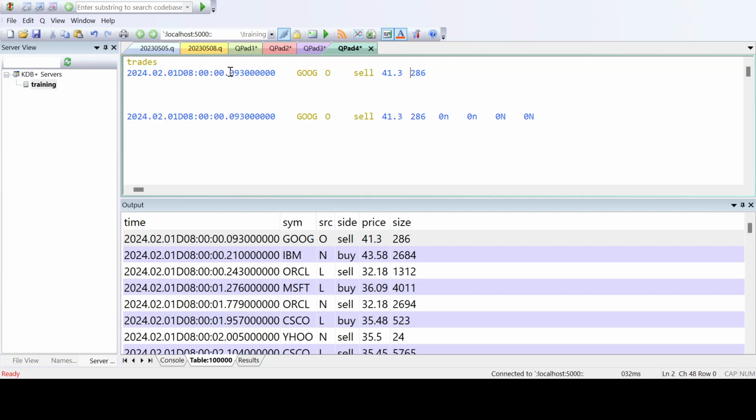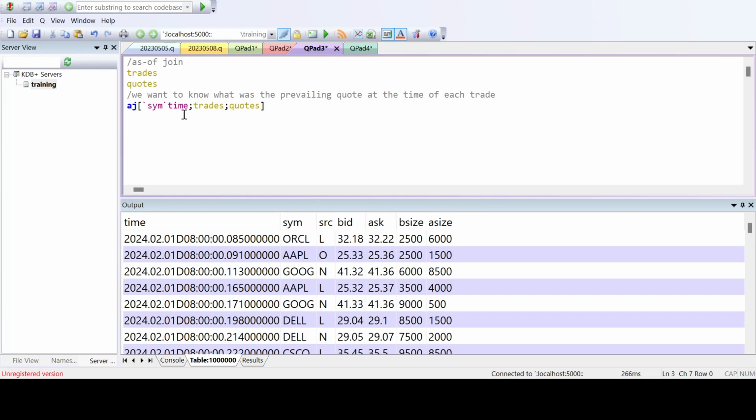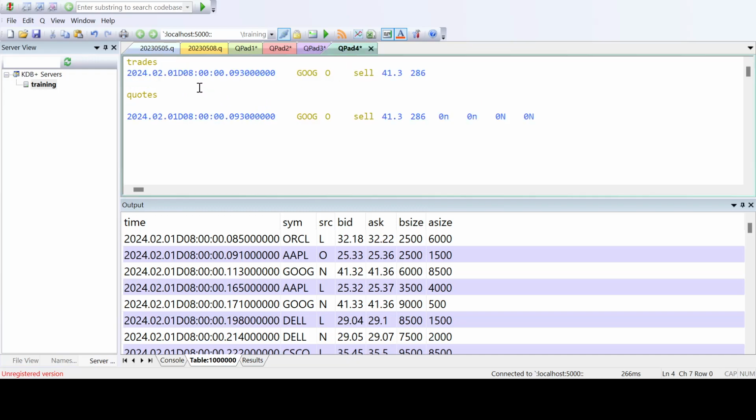So what does that mean? We have to look in the quotes table for the last record just before this time for Google. So let's see quotes. 800.093 for Google.